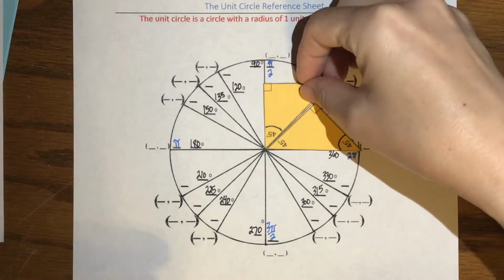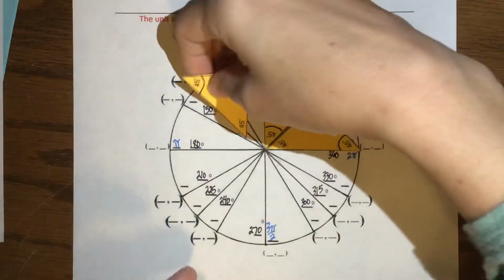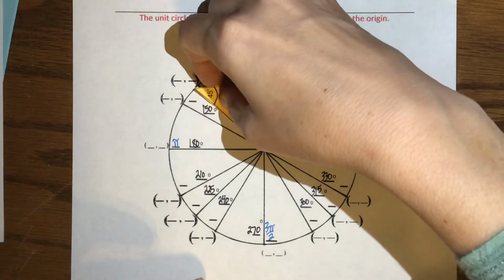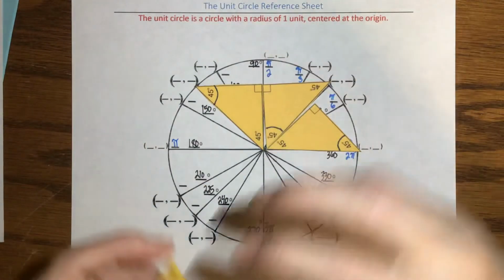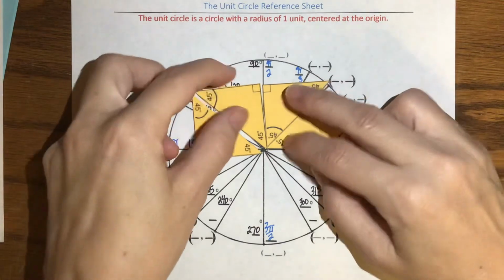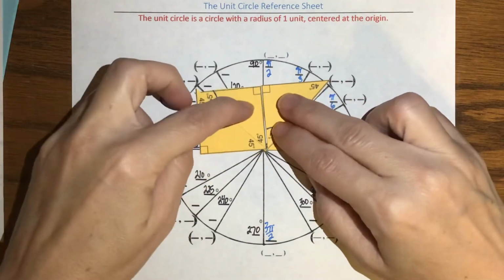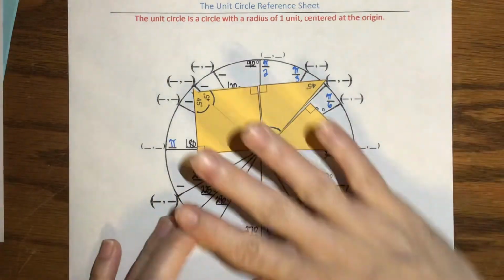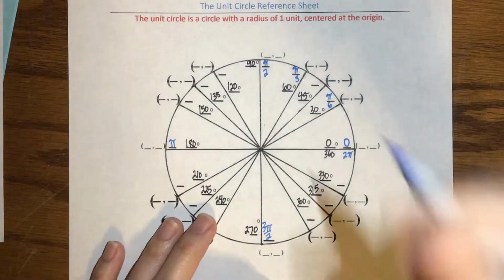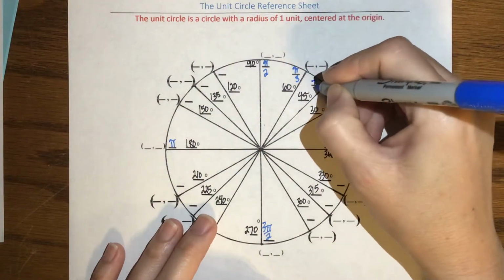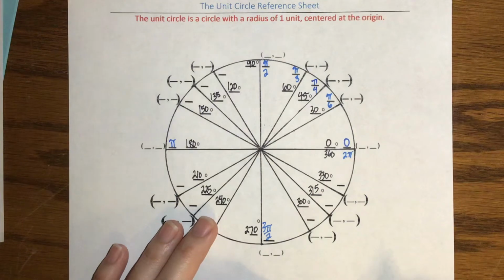See, 2 45s make 90. And 4 45s make 180. Ta-da! All right, so 45 is pi over 4 because I'm splitting into 4.